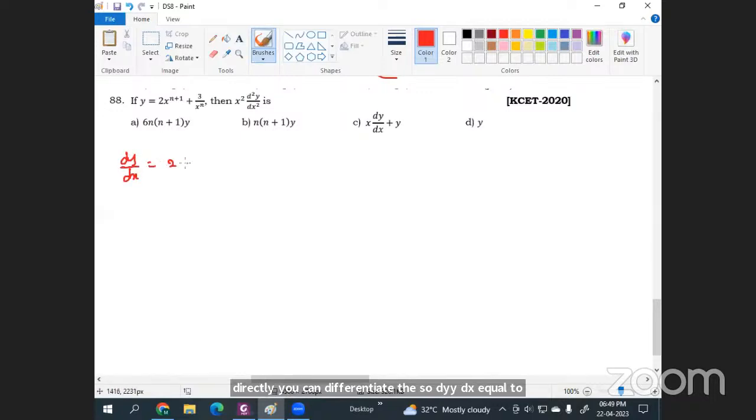2 into (n plus 1) x power (n plus 1 minus 1), that is x power n. Next, d by dx of 1 by x power n, the formula is minus n by x power n plus 1. So for 3 by x power n it is minus 3n by x power n plus 1.